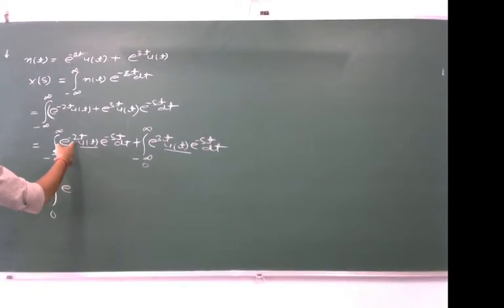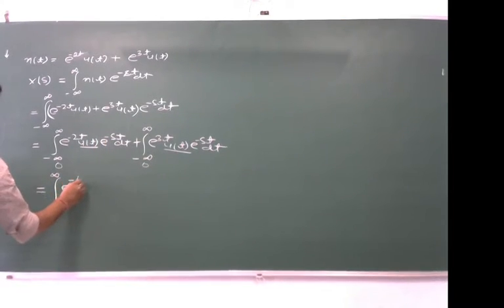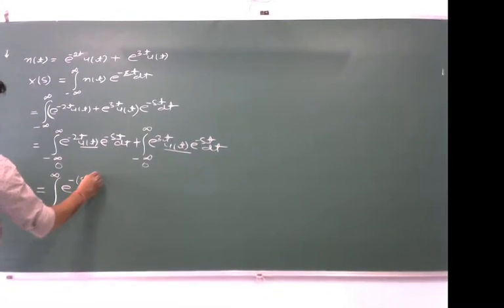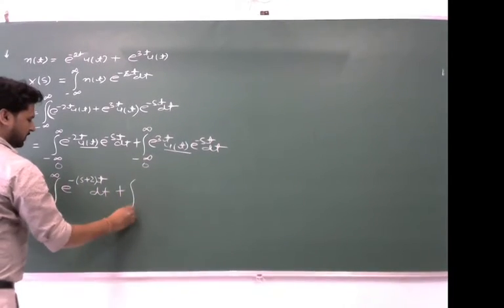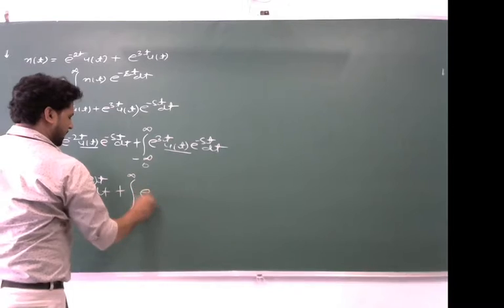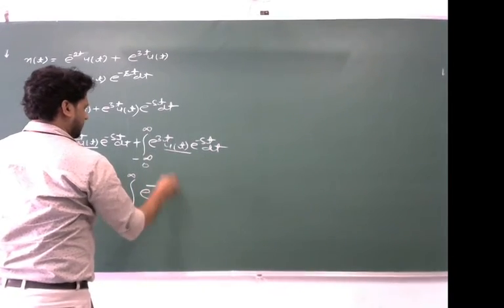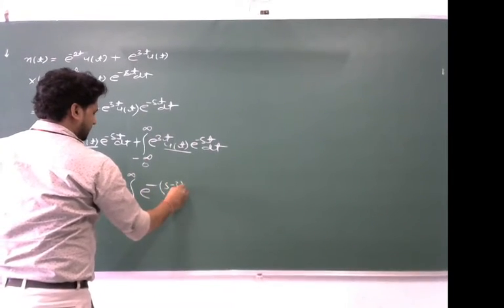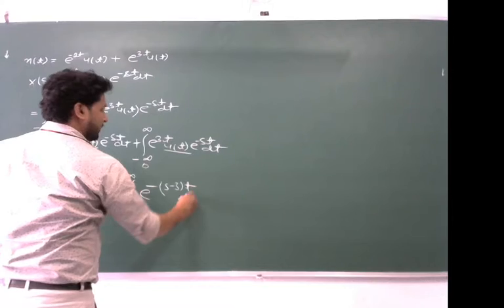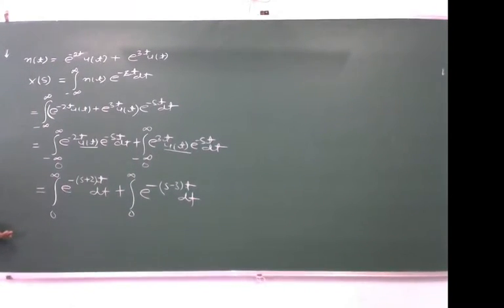Now minus 2t and minus st will become minus (s plus 2)t dt, and the second integral, if I take t common, will become e power minus (s minus 3)t dt, with limits from 0 to infinity. Now what we have to do is simply integrate and get the result.